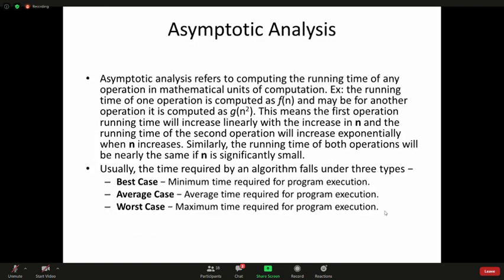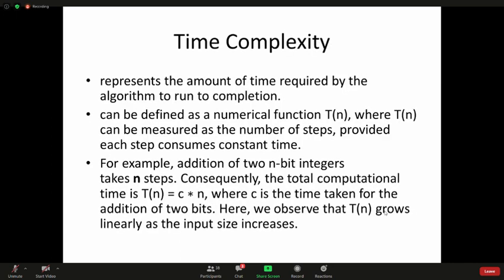Right? Then the time complexity. It will represent the amount of time required by the algorithm to run completely. This can be defined as a numerical function T(n), where T(n) can be measured as the number of steps, provided each step consumes constant time.